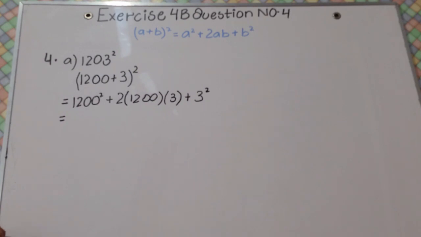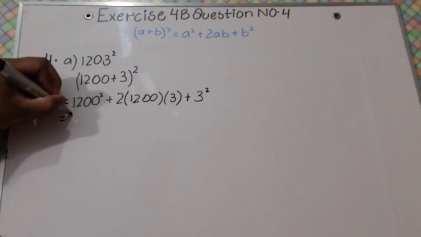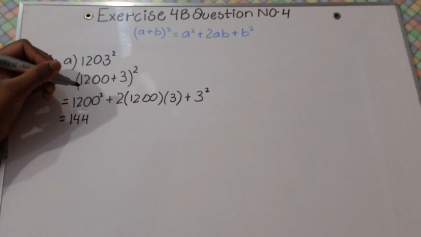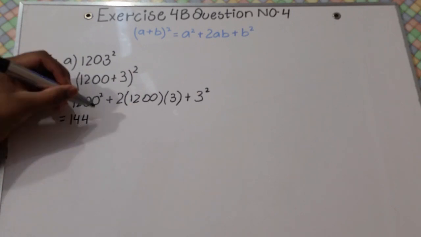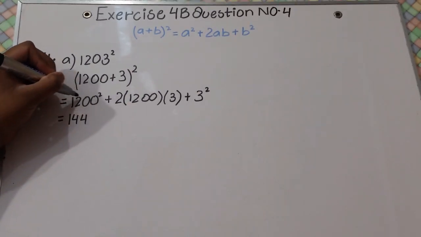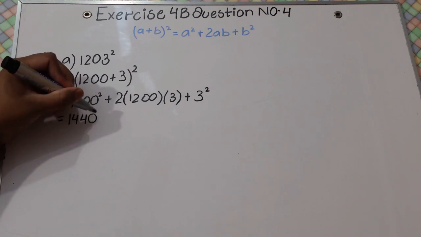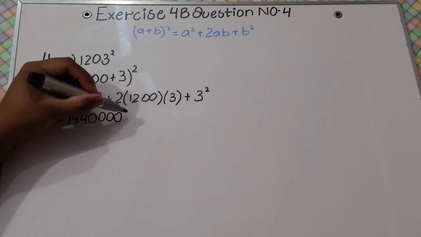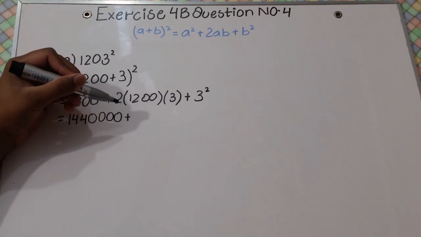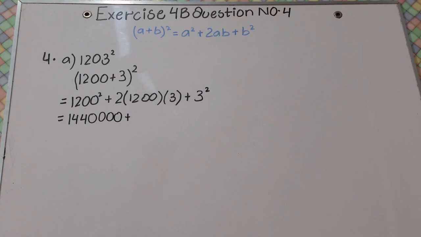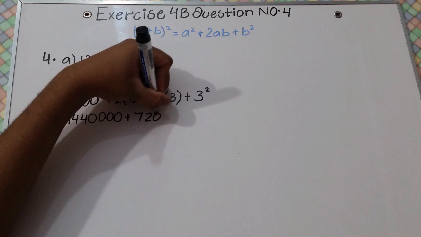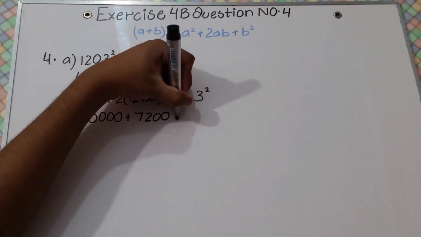Now, as we need to solve the question without using a calculator, the square of 1200 is 144 with 4 zeros, since 12 and 12 is 144. Then 2 into 1200 into 3 would be 7200, and 3 square would be 9.